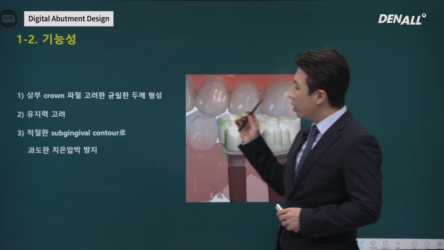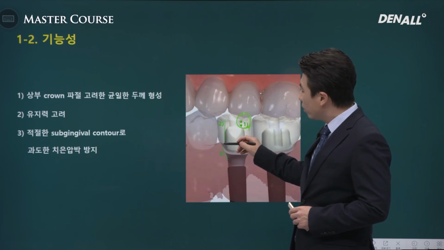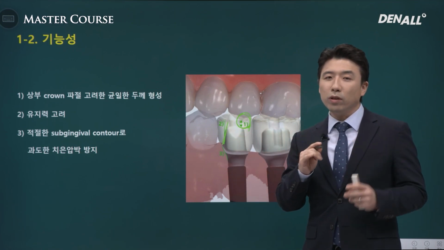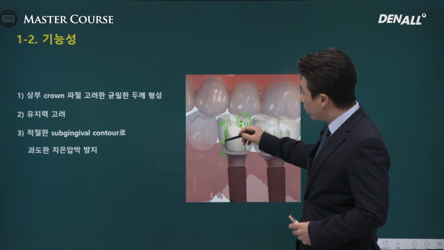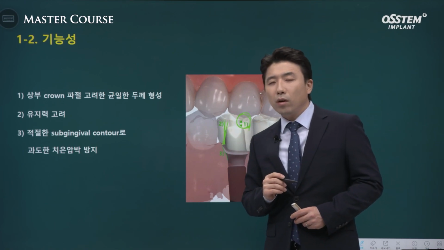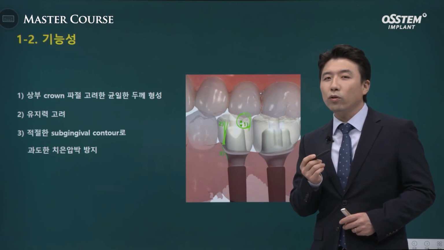Second, you need to consider retention. Next, moving on, is about the taper of the abutment. If the taper is too significant, then the retention can be affected. If you reduce the taper and increase angle, you may think that retention may be improved, but it does not allow for error.